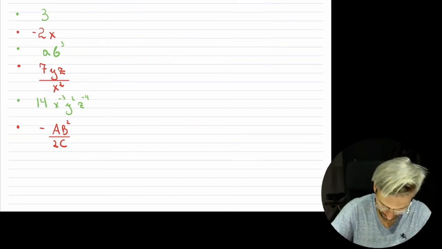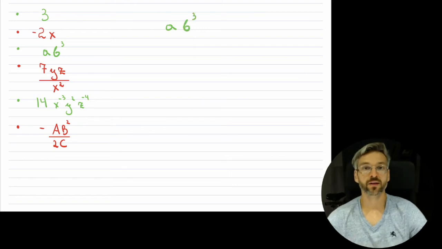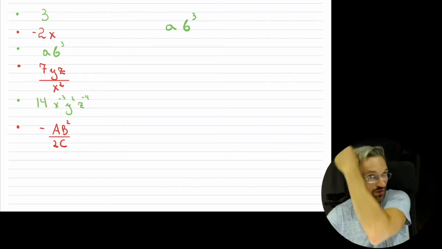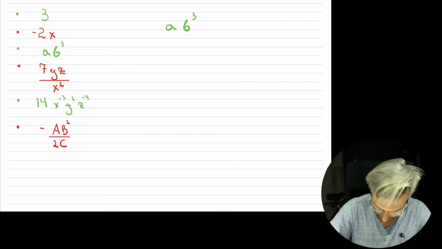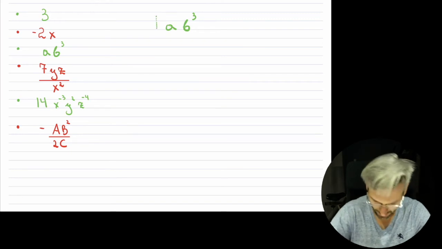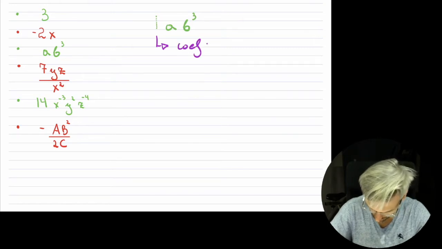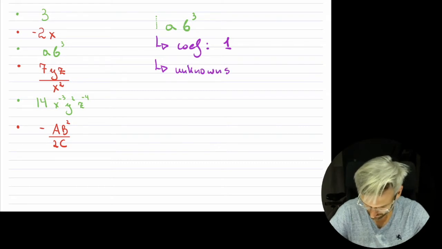Now the third one that we have is a b cubed. Often when students are beginning this, they'll say, well, this has no coefficient. It does have a coefficient. The coefficient is 1. When we don't write a leading number in front, it has a coefficient of 1. So the coefficient is 1. My variables, my unknowns, I have 2.